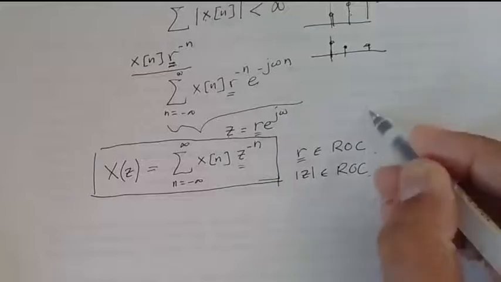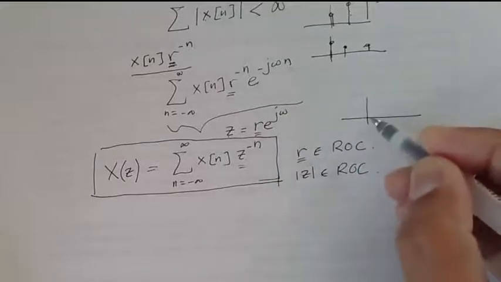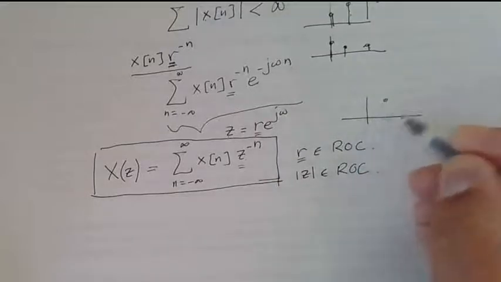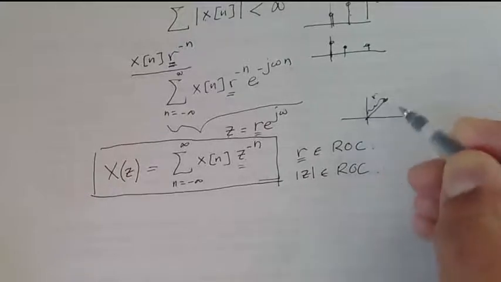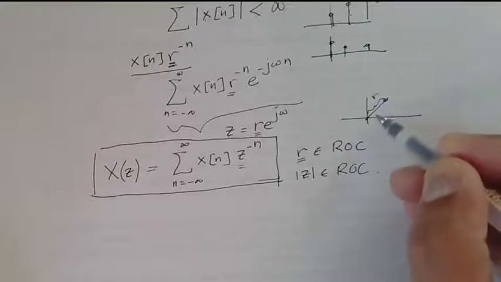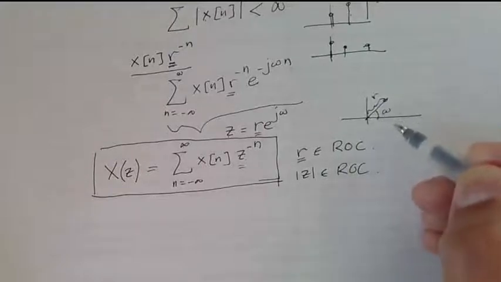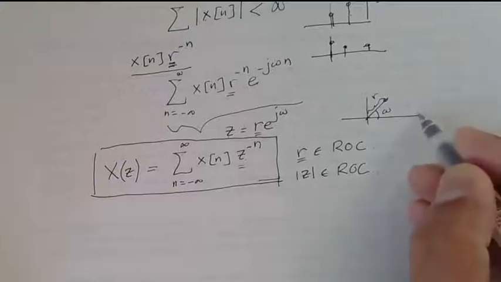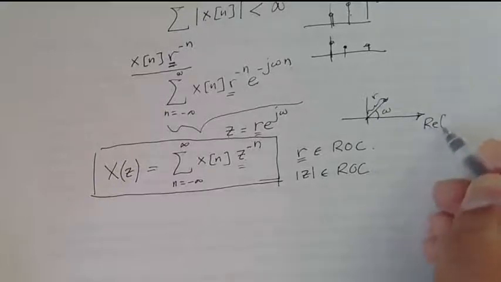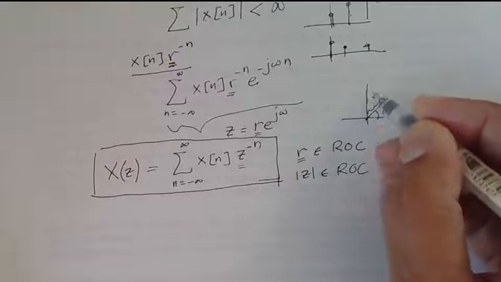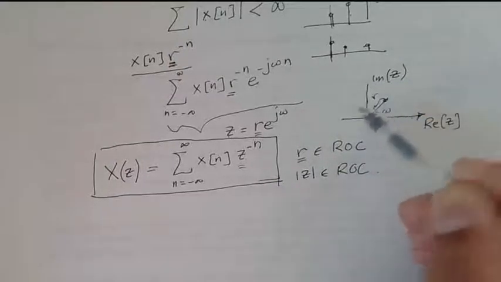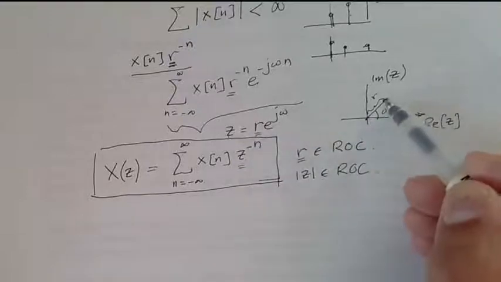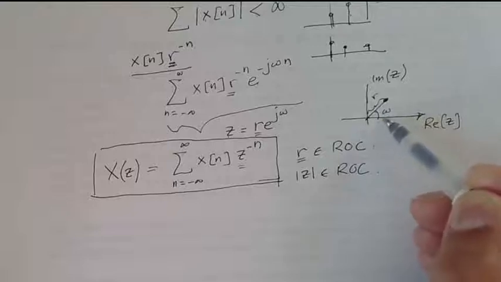Because z equals r e to the j omega is simply a point in the complex plane, and this distance here is r. The magnitude of that point is r, and the angle is omega. Okay. So say this is the real part of z, and this is the imaginary part of z. And a point z, which is equal to r e to the j omega, is simply something which is at a distance r from the origin and at an angle of omega.